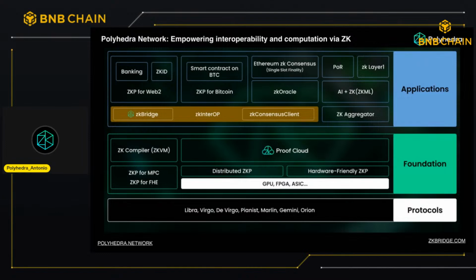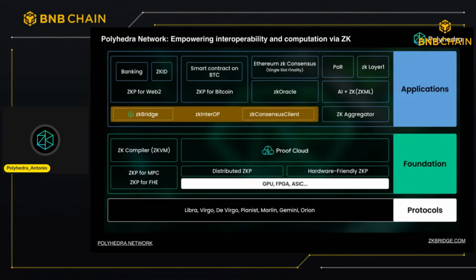Then on top of our foundations are some of the applications we build out of our technology, which you can actually build on your own. We're just building this to provide some of the most needed services for our customers for Web3. Namely, one of them is the zero-knowledge interoperability protocol, which includes ZK Bridge and ZK Consensus Client, which is the topic of this hackathon session.